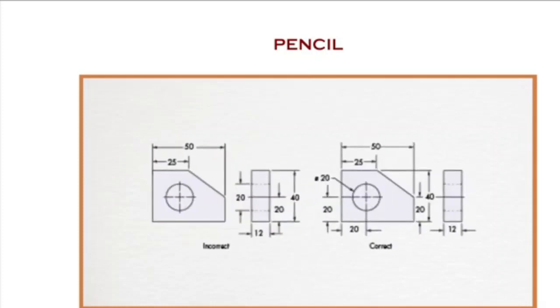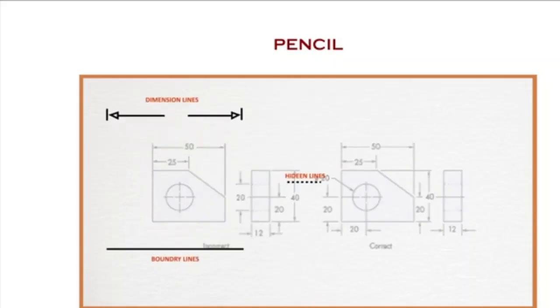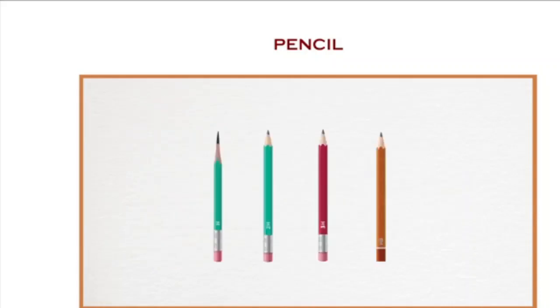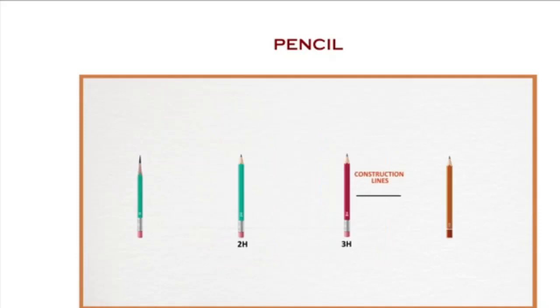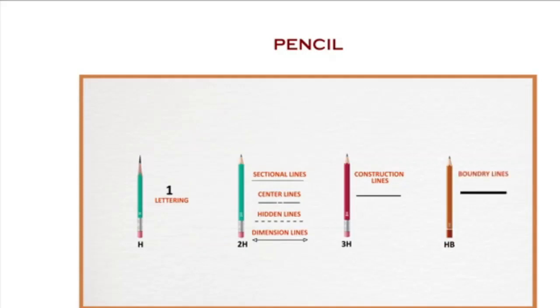So the first one is, see, these are the types of pencils which are used in engineering drawing. The H type of pencil is used for lettering only. For lettering, we should use the H type of pencil.